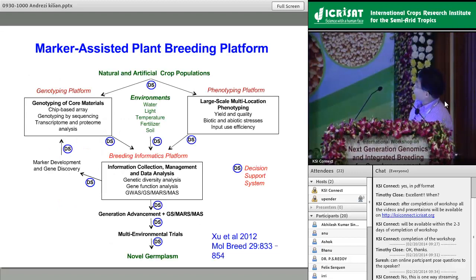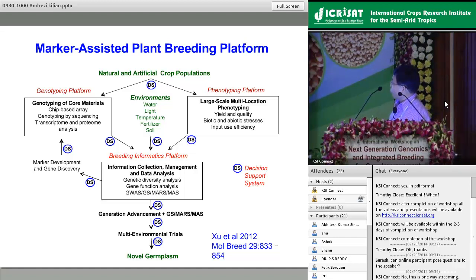For the whole marker-assisted breeding program, usually we have several different platforms that are required. The biggest one is the genotyping platform, and then phenotyping, and this is the phenotyping with all the environmental factors.